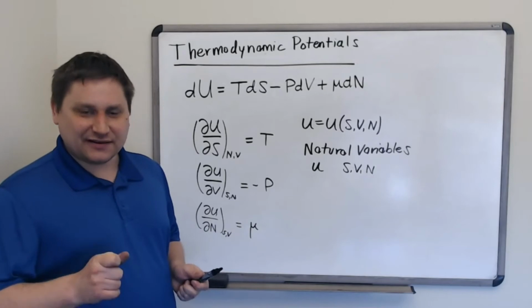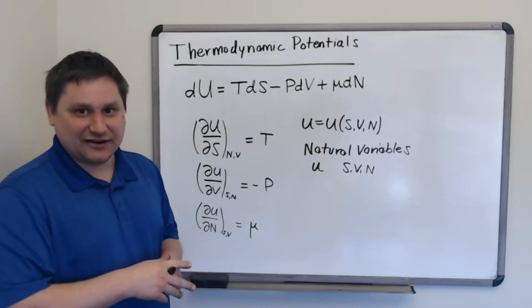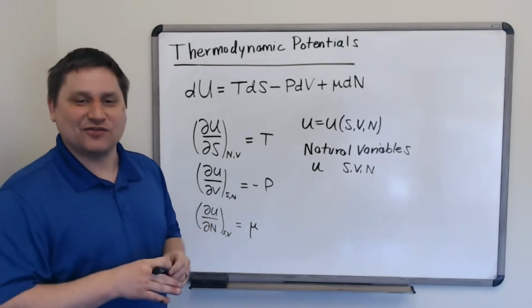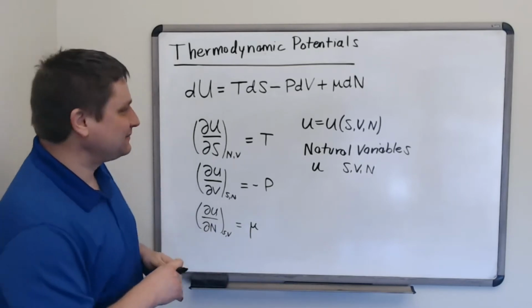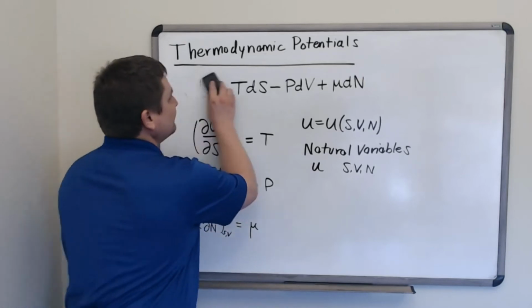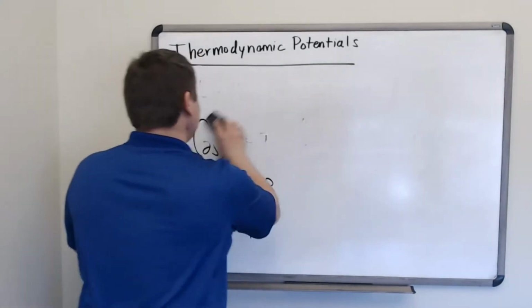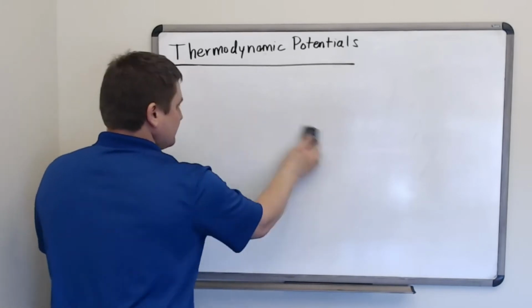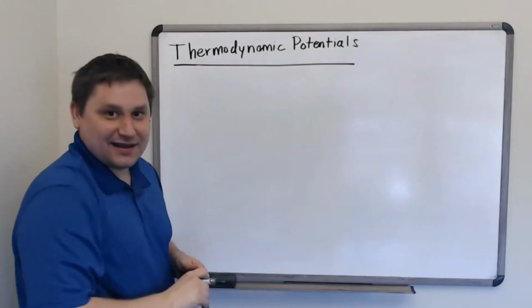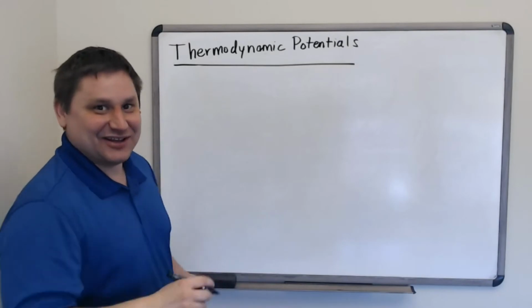We've actually discussed a second thermodynamic potential. I didn't say it was one at the time, but see if you can guess which one it is. If you guessed enthalpy, you would be correct.